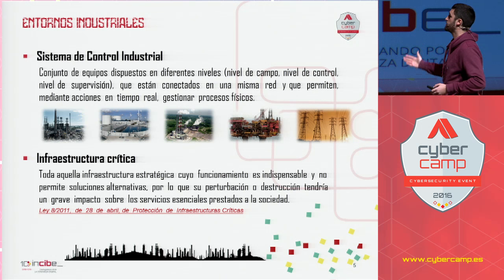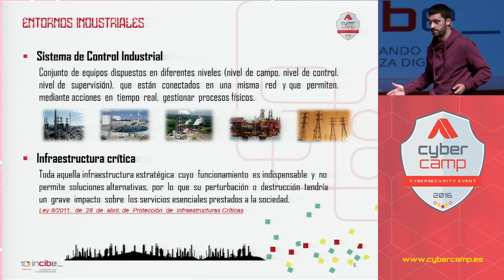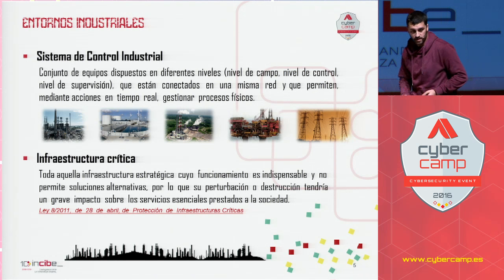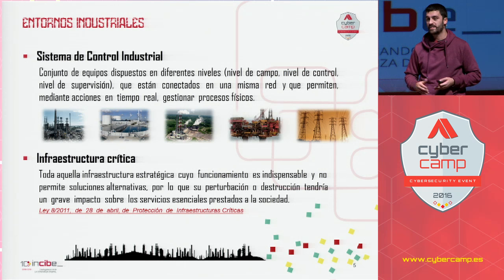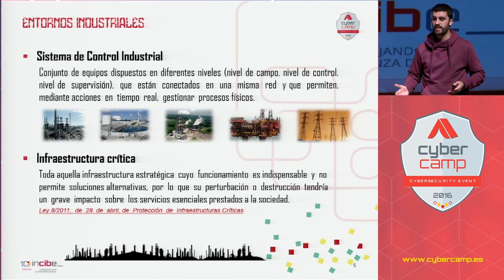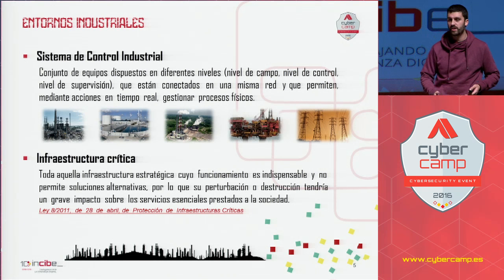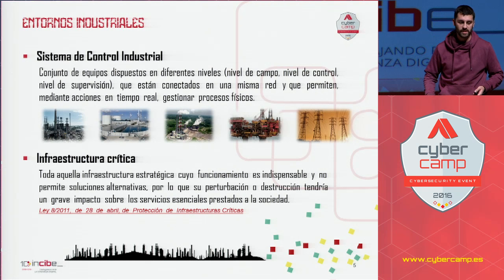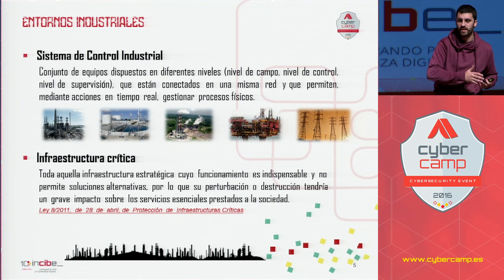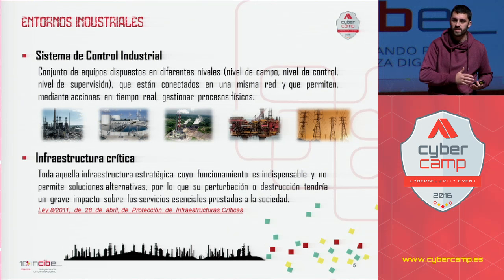And then a critical infrastructure is a strategic element that is paramount and gives no way to alternative solutions, meaning that I have a water treatment plant servicing Madrid, and then I have another one servicing a village. It is not the same, it's not comparable.